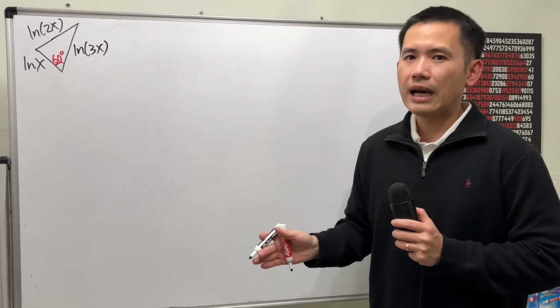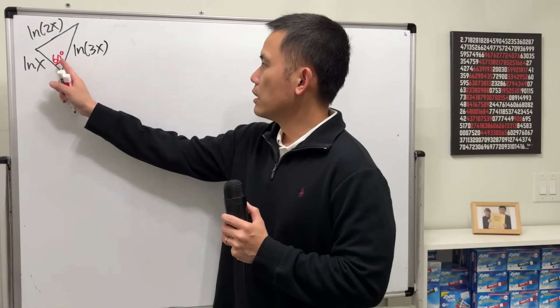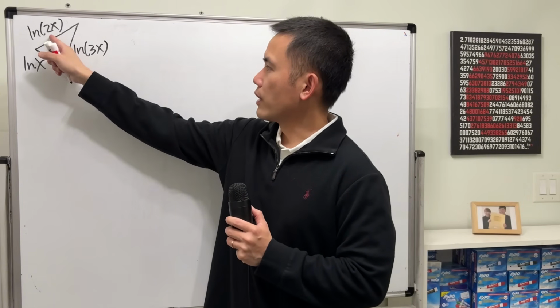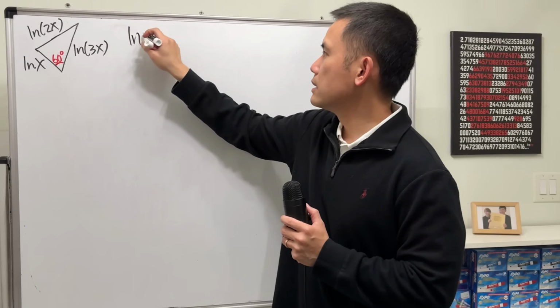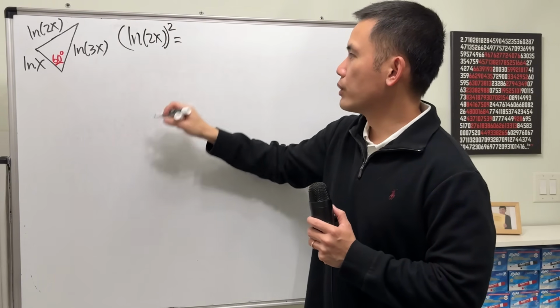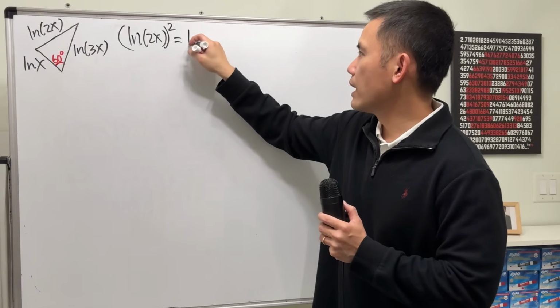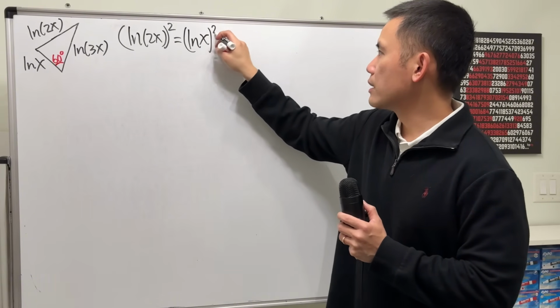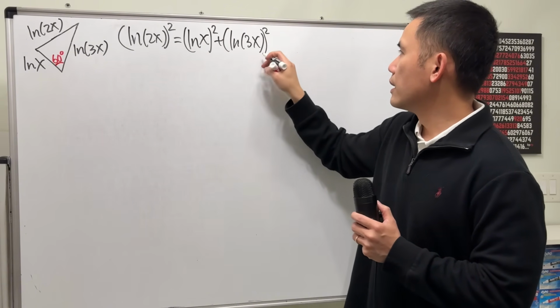Once we have the setup, then we'll apply the law of cosines, which says when you have this angle and you go away from it, this side squared, so we begin with ln of 2x squared, will be equal to the sum of the squares of the adjacent sides. So we have ln(x) squared plus ln of 3x squared.